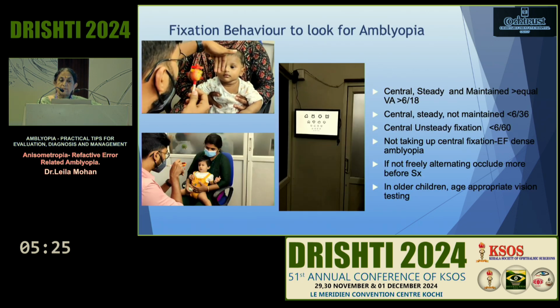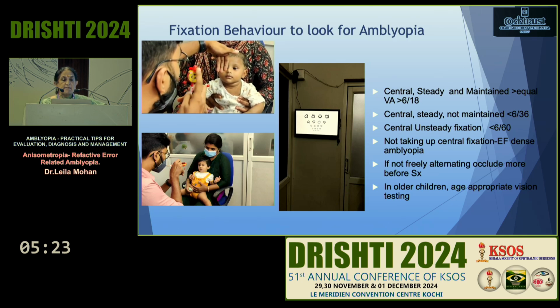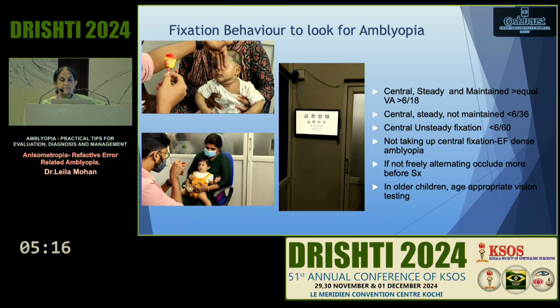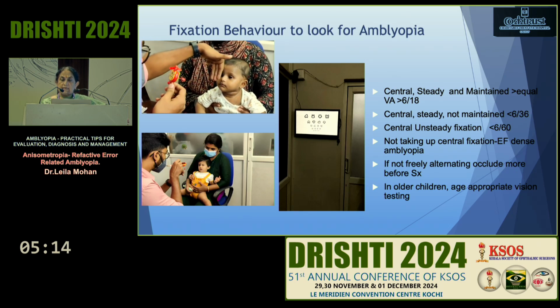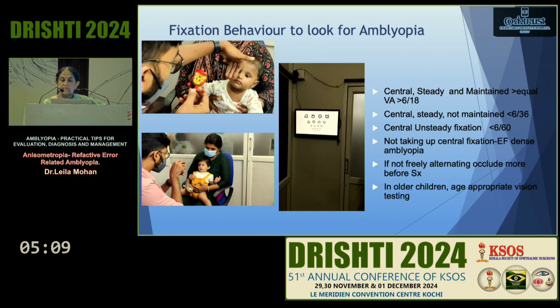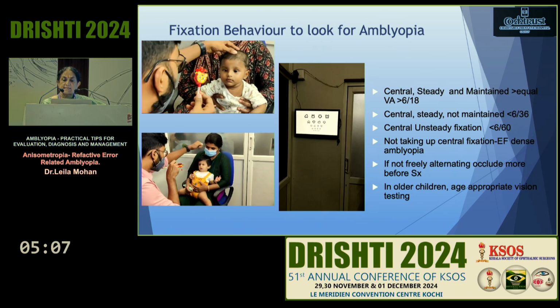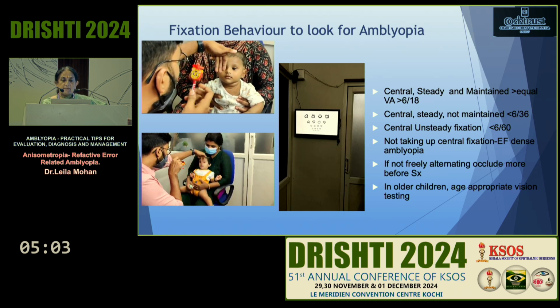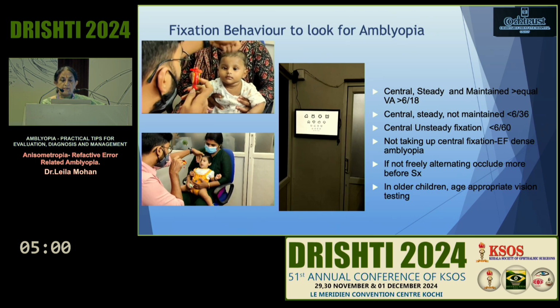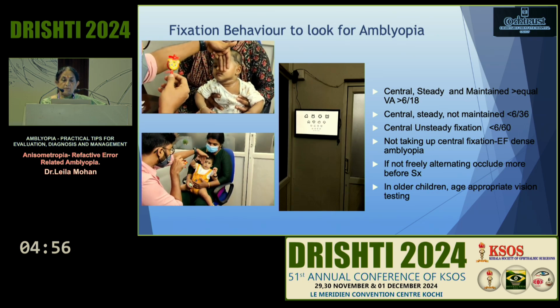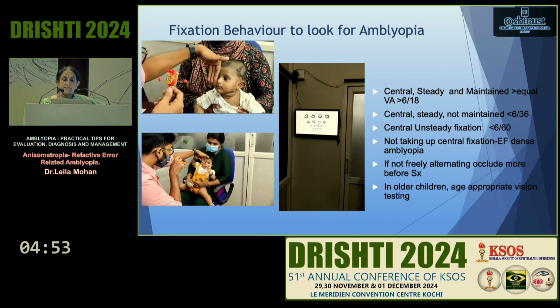So, the fixation behaviors can be looked at in a child. You can see this child has a freely alternating esotropia, an essential esotropia, which shows that he has more or less equal vision, and this central steady maintained fixation shows that he has equal and better than 6/18 vision. In this second child, you can see he is trying to avoid closure of the right eye, which means he is avoiding the vision with the worse eye.